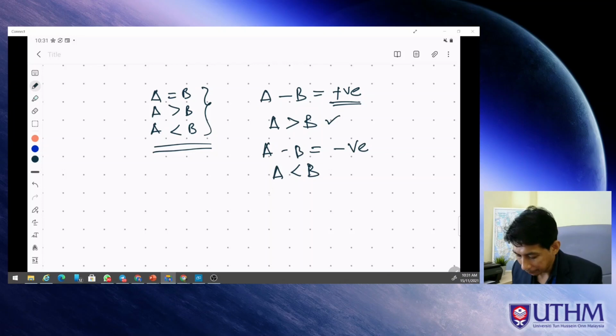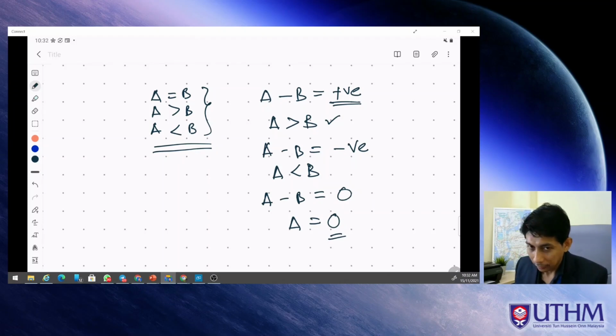And if we have a minus b is 0, means that a equal to b. So we can see that we can use subtract.